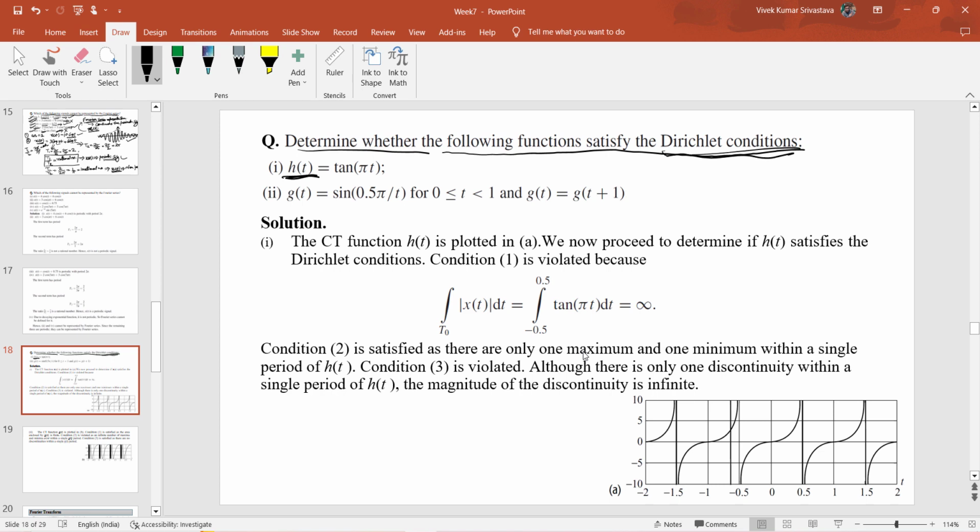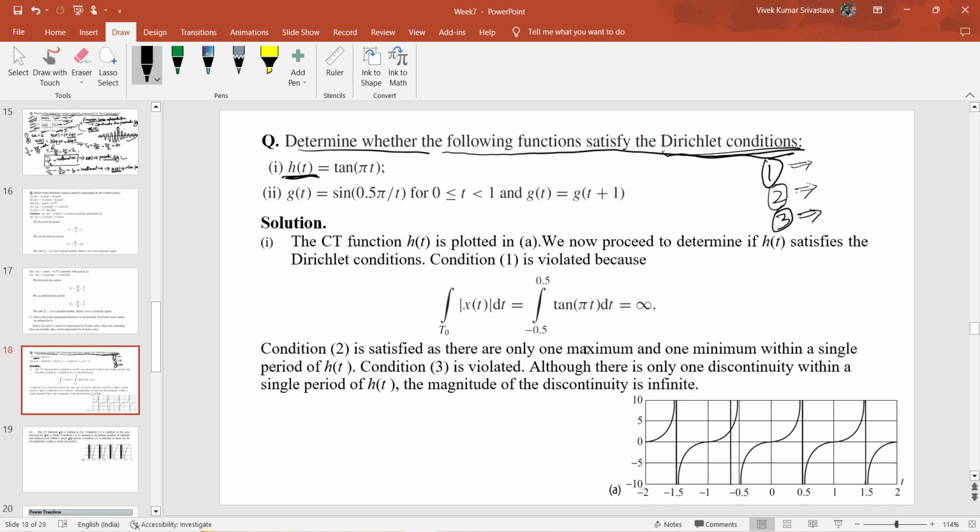For the Dirichlet conditions, the first point is that the signal must be absolutely integrable over its time period. The second condition states that the signal must have finite maxima and minima over its time period. The third condition states that the signal must have a finite number of discontinuities over its time period.